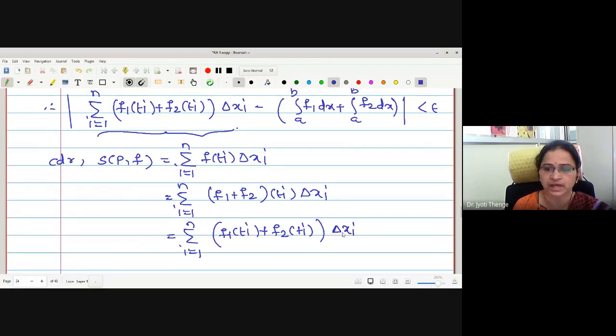Therefore, whatever is this first term of the modulus is nothing but the SPF. Let me put this value in the above equation. Therefore, this term I am going to replace by SPF minus the second term as it is.